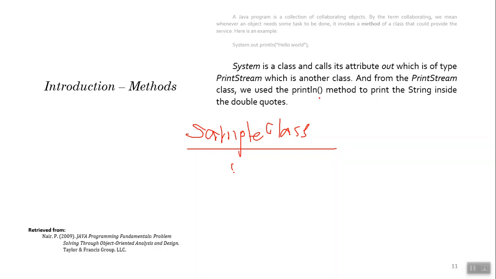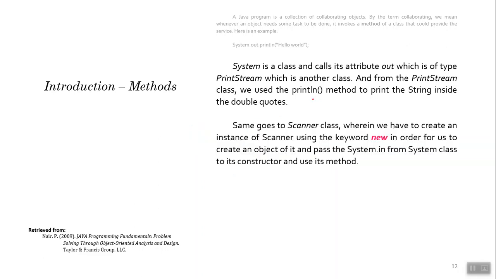That's why we always make some of the methods public or access modifier public so that other classes could also access that method. Okay, so just like this println here. So same goes to scanner class, wherein we have to create an instance of scanner using the keyword new.